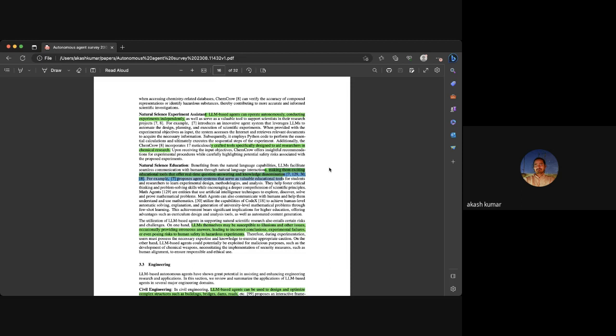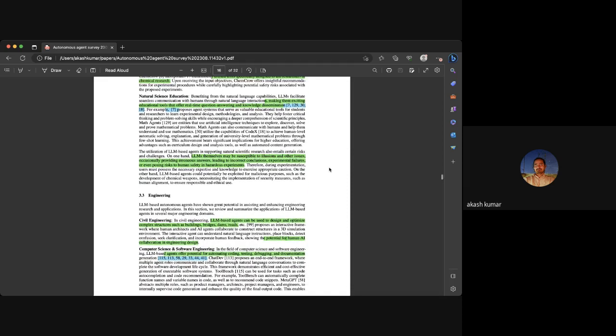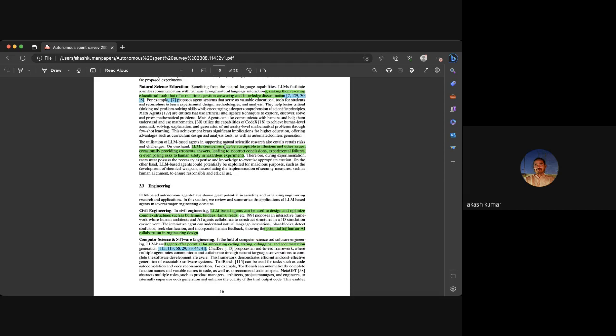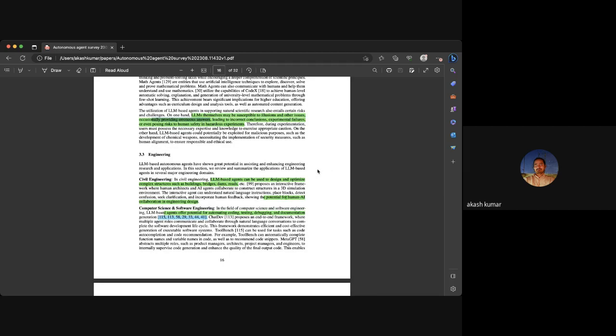And if you're not sure you understand that concept, you can ask it again to give more examples also. So these LLM agents are really good for educational purposes. Again, since you are using them for educational purposes, the LLMs themselves may be susceptible to hallucinations and other issues, which can often provide erroneous answers. So again, you have to use them with a word of caution.